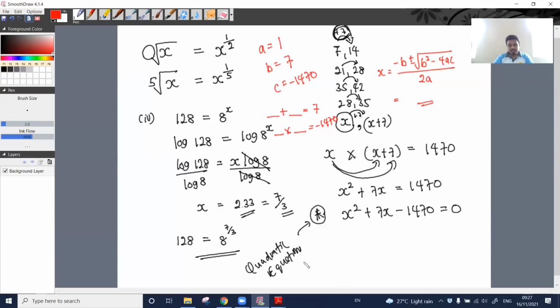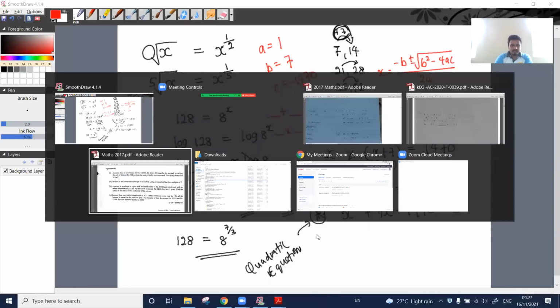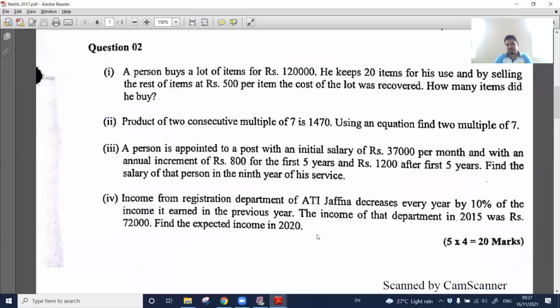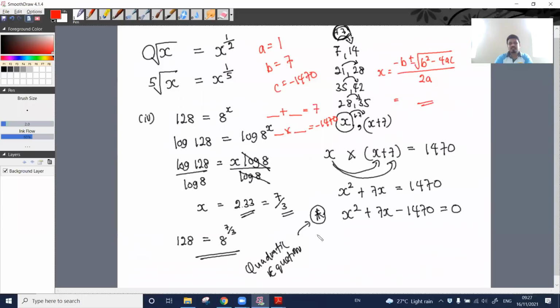What is the third approach? Third approach is using the calculator. When it comes to application related questions, where as a result of the application you need to solve a quadratic equation, it is okay that you directly take it from the calculator.